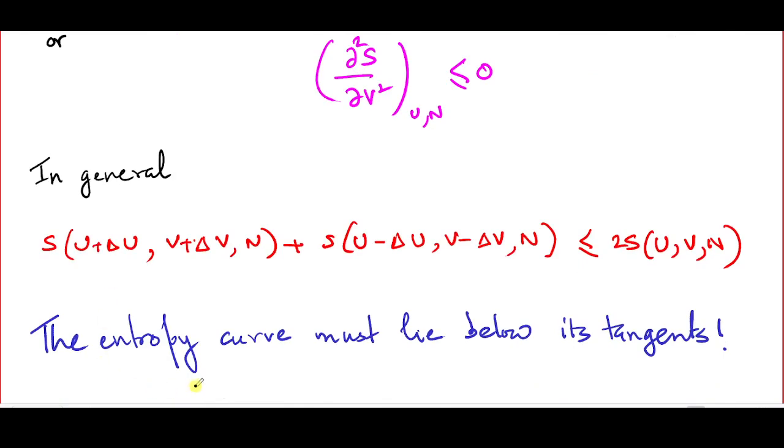That's what it says here, but that actually is only when you talk about the dependence of the entropy on one variable at a time. When you're talking of the dependence of the entropy on all of its variables, what this really says is that the entropy surface must lie below its tangent planes. That's exactly what this concavity condition really means.